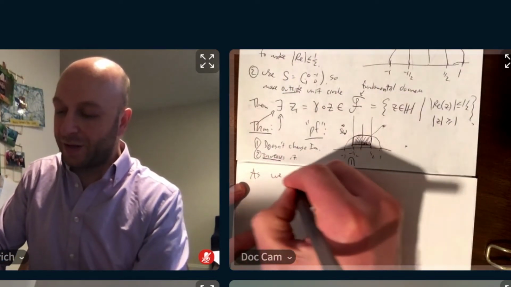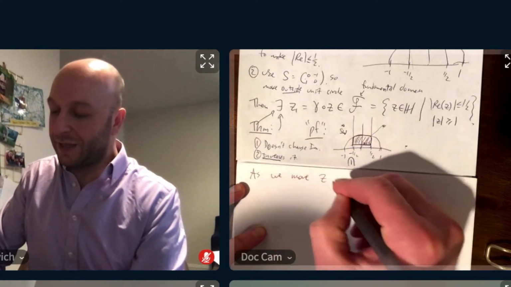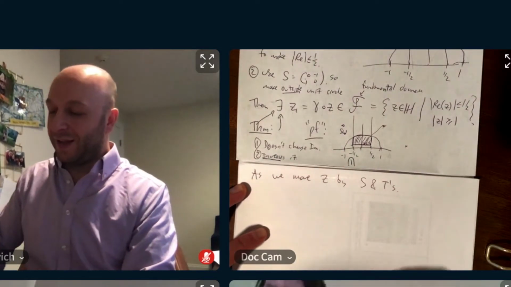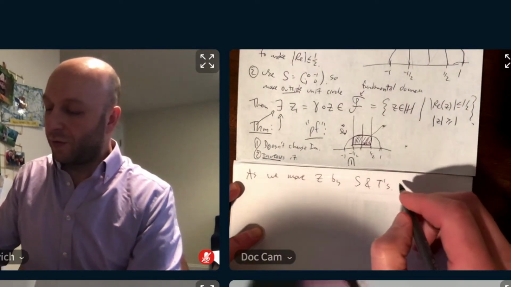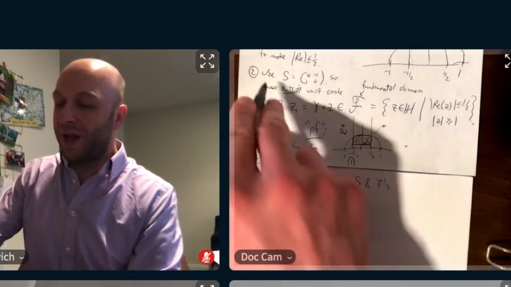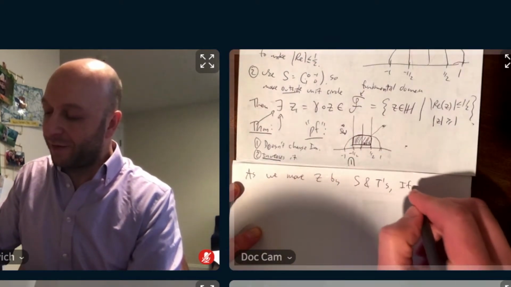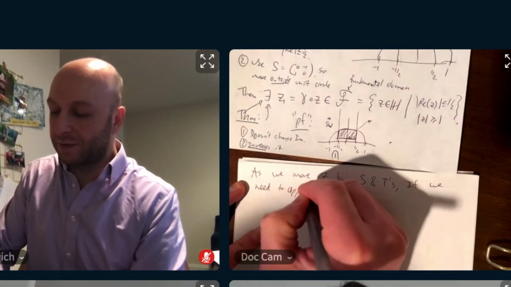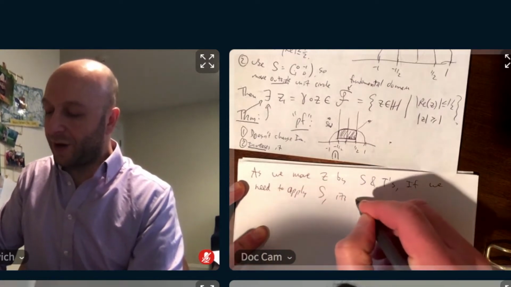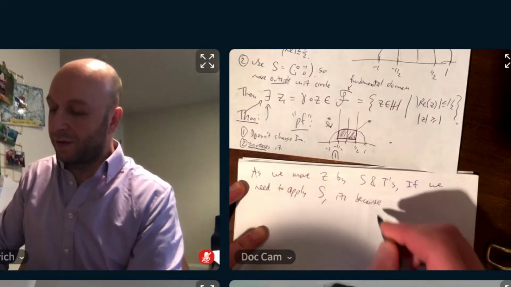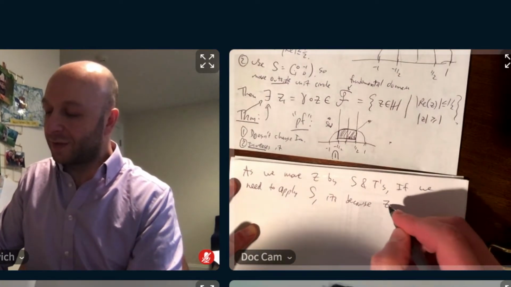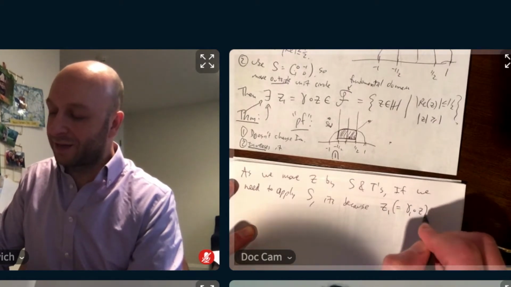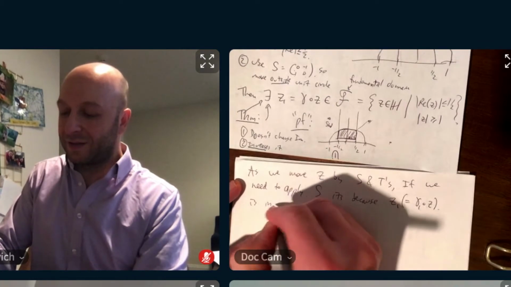As we move z by s and t's, and t inverses, of course, if we need to apply s, it's because, let's call it z1, this image, some gamma 1 acting on z, is inside the unit circle.